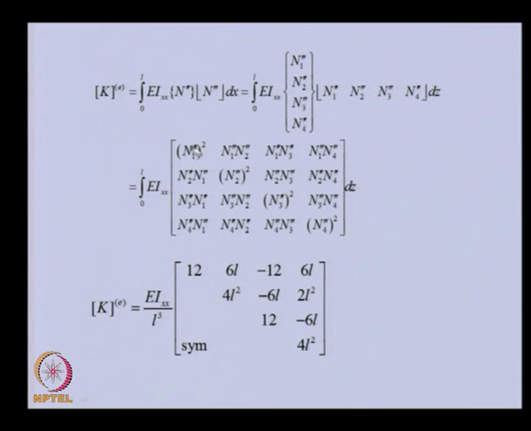If we do the integration of each term, we will get the stiffness matrix like this. This will be a symmetric matrix, and only half of the side of the diagonal is shown. So, it is symmetric, and we can write the other half without any problem.